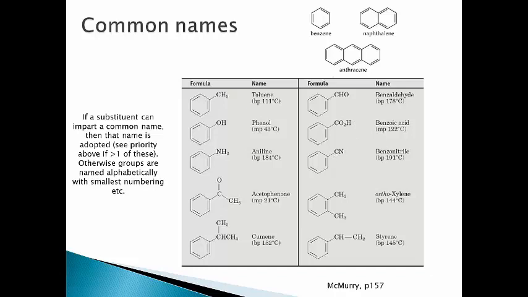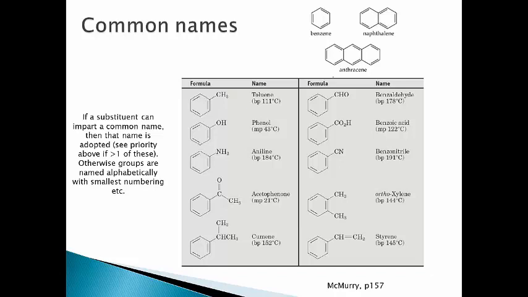They're the most common ones. If there's a common name for it, you can use that name as the higher priority. So that name is the highest priority. And then you put your substituents off the ring that aren't part of the common name alphabetically out the front.